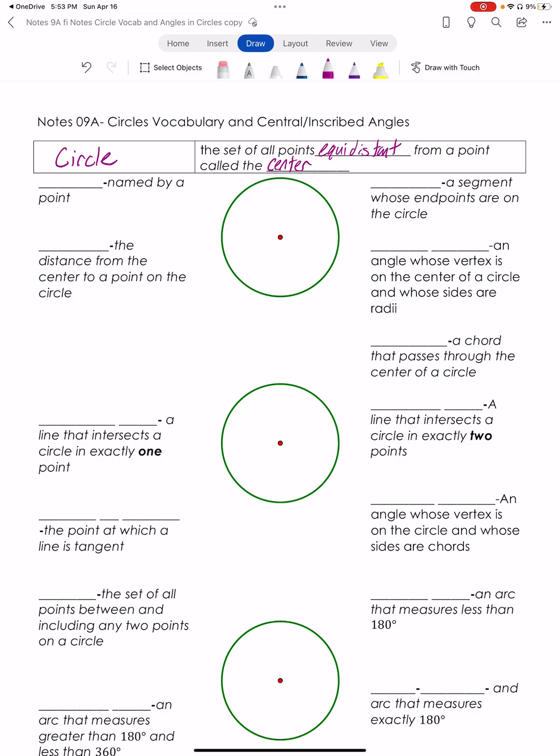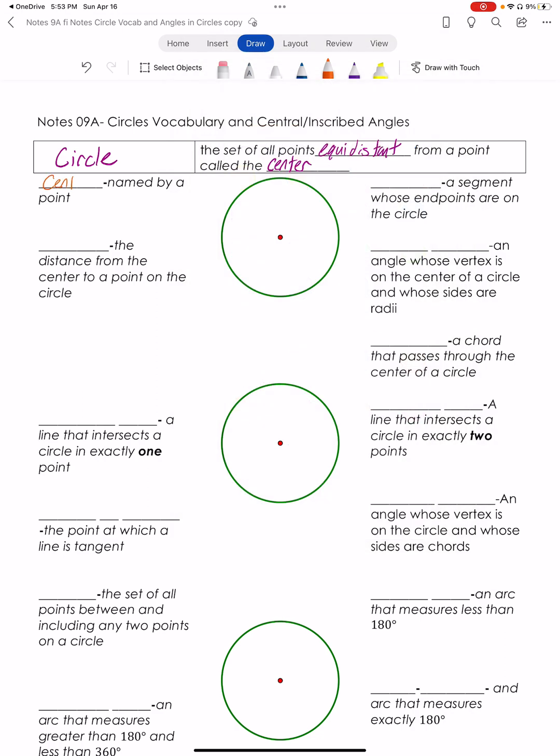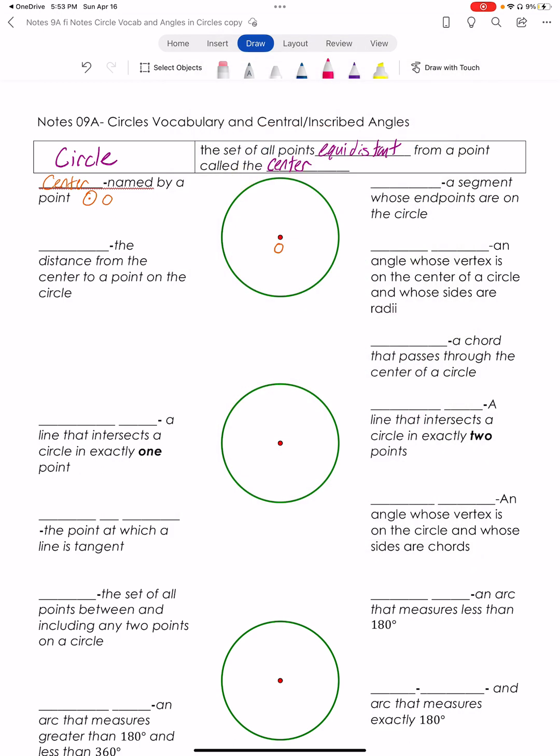The center of your circle is named by a point. Here, if I put a little O here, this would be circle O. All right. The distance from the center to a point on the circle is going to be your radius.